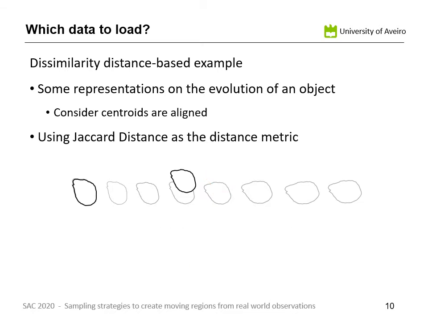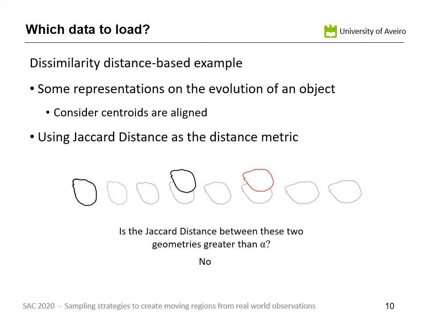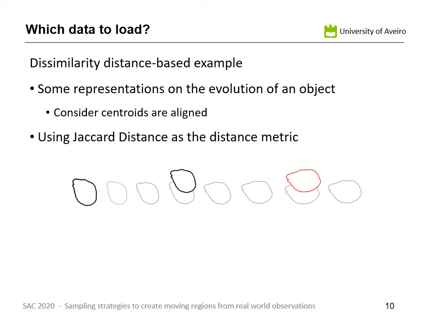Now, we should compare observation number 4 with its followings. We get acceptable distance values until we compare observations number 4 and number 7. Then, observation number 6 should be selected, as its distance to number 4 is acceptable. We should compare observation number 6 to its followings.